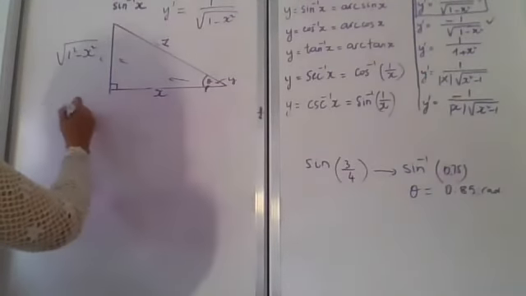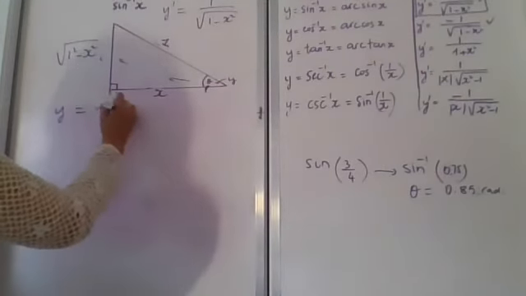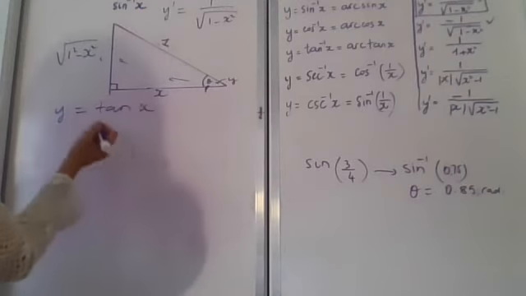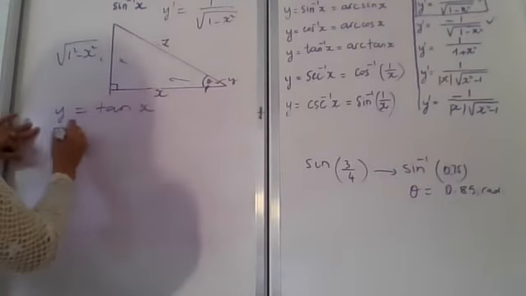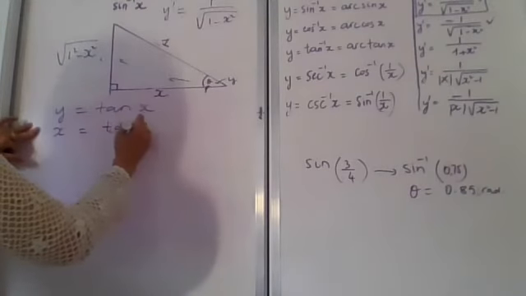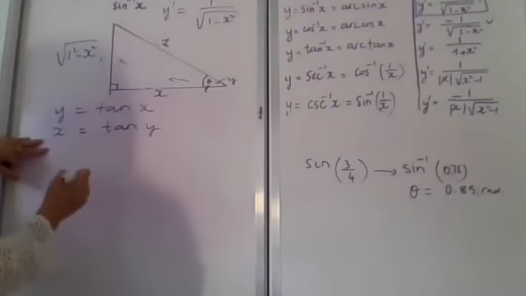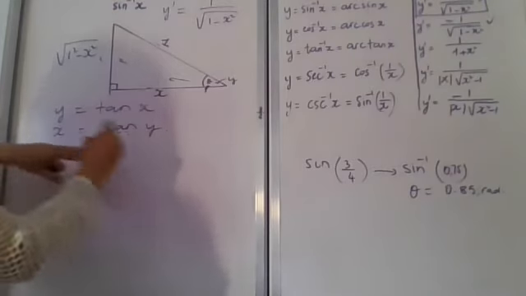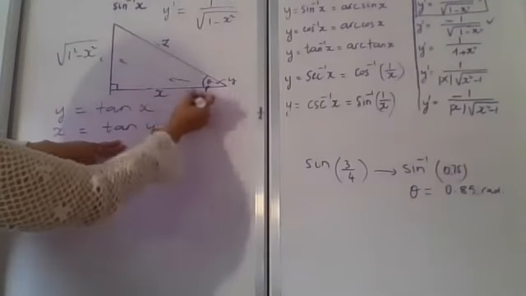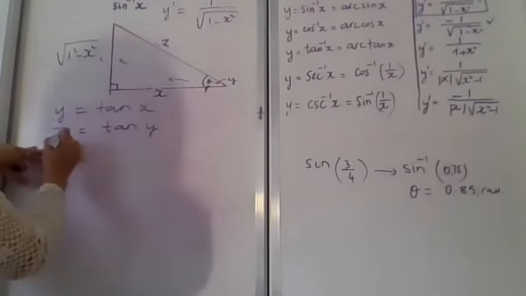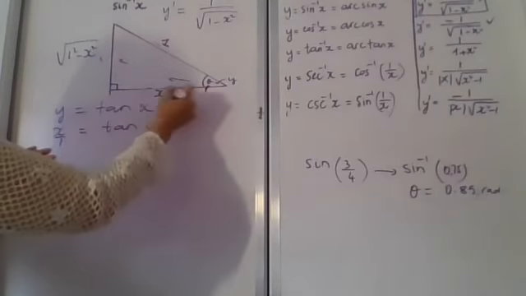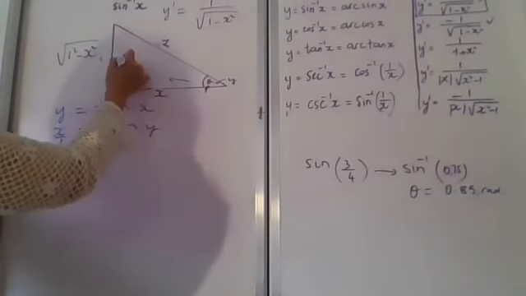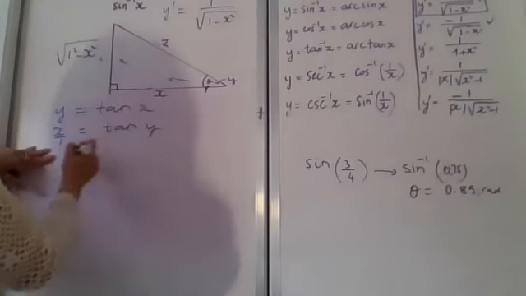So we have y equals tan x as the original function. Now the inverse of this will be x equals tan y, same thing, right? So now we're going to say tan of this angle y equals x over 1. And tan equals opposite over adjacent, right?